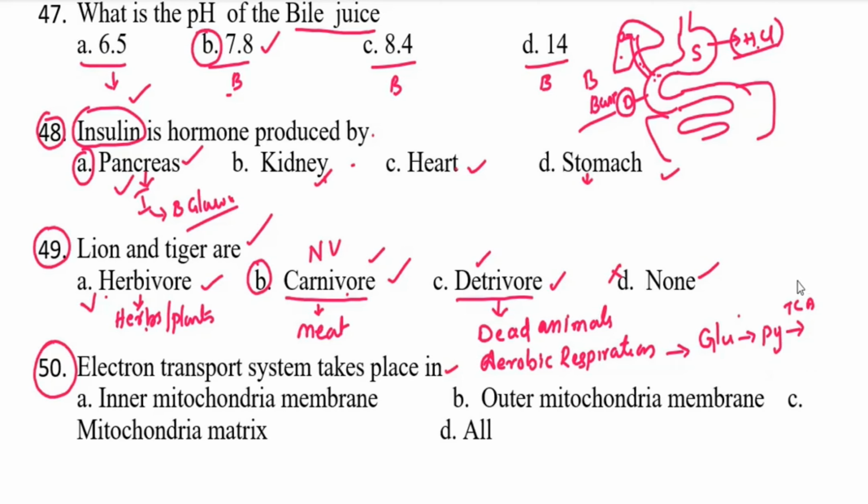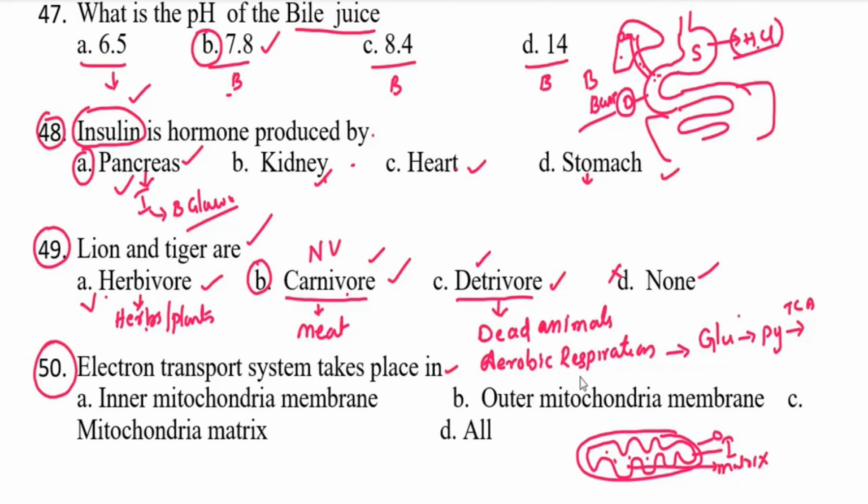Actually, mitochondria has many parts: an outer membrane, an inner membrane and a matrix. So this is the outer membrane, this is the inner membrane, and this part we call the matrix.